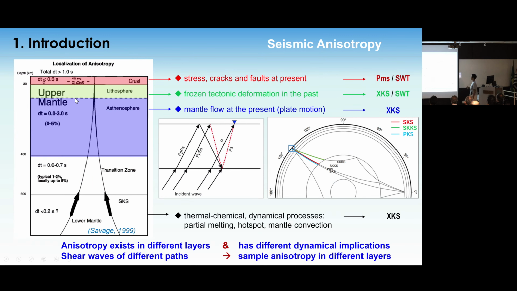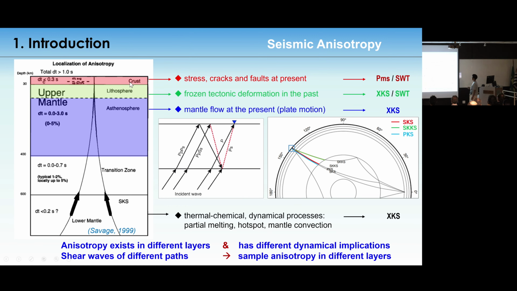Seismic anisotropy exists in different layers of the Earth's interior, but with different intensities. When using seismic waves passing through different parts of the interior of the Earth, we may extract anisotropy in different layers. The anisotropy in different layers may imply different deformation or dynamic processes.